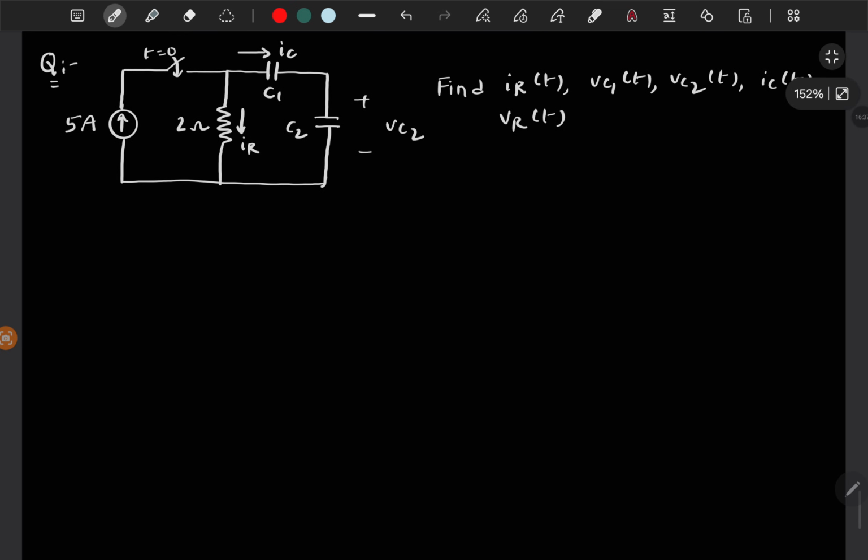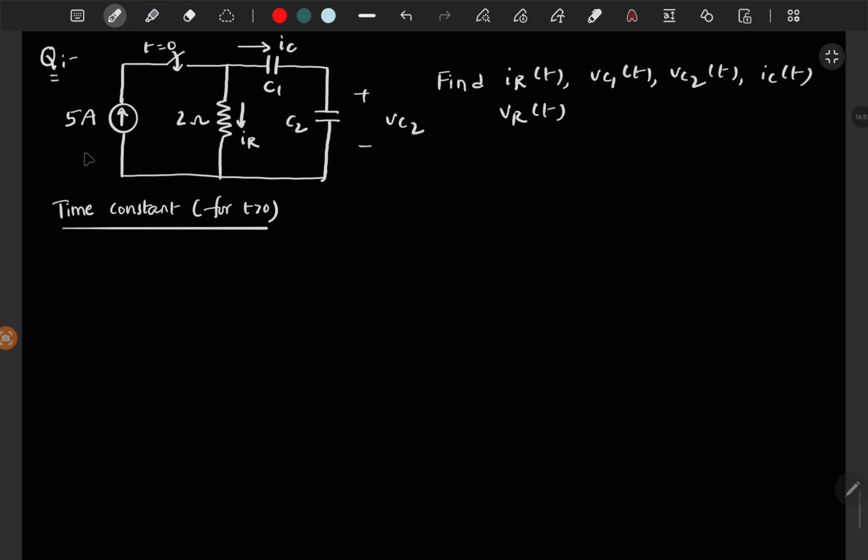So the circuit is given. The first step is you have to find the time constant for t greater than 0. So open circuit the current source. You have 2 capacitors in series and a resistor of 2 ohms.